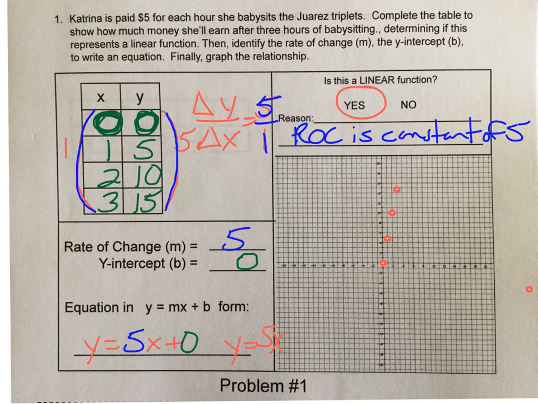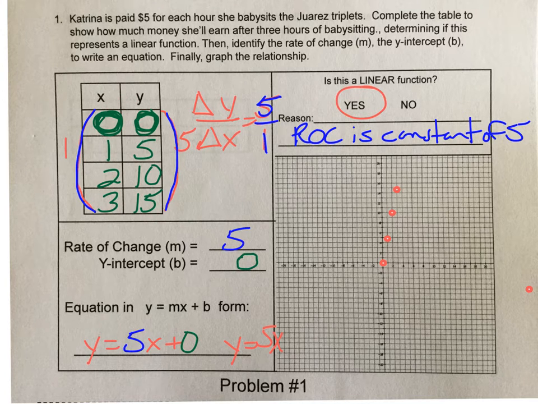And that's where that 3, 15 comes from. The 3, 15 is from your table. So really all you have to do is take these 4 and graph them, and it comes up with this. Your y-intercept was here, up 5 over 1, up 5 over 1, up 5 over 1. And that's where these ordered pairs come from.